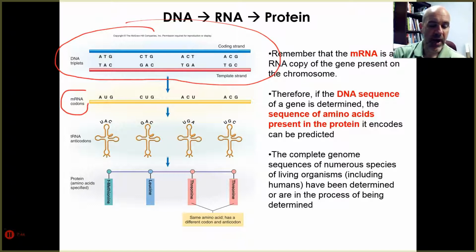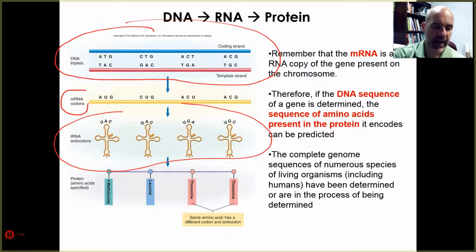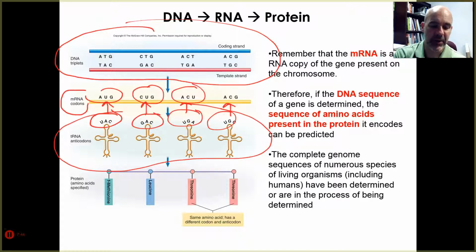And then on a ribosome, tRNAs come in that have these anticodons that can base pair with our codons on our messenger RNA. That's a codon, that's a codon, that's a codon, that's a codon. And the tRNAs are connected to the proper amino acid.